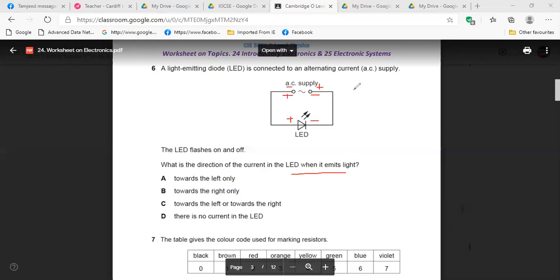Yes sir, but in the LED, the right side will be plus and the left side will be minus, no? LED, you see this line, this line is showing you minus for the diode. Okay, okay. For a diode, this line is minus. Just remember that where you get this line, there is minus.